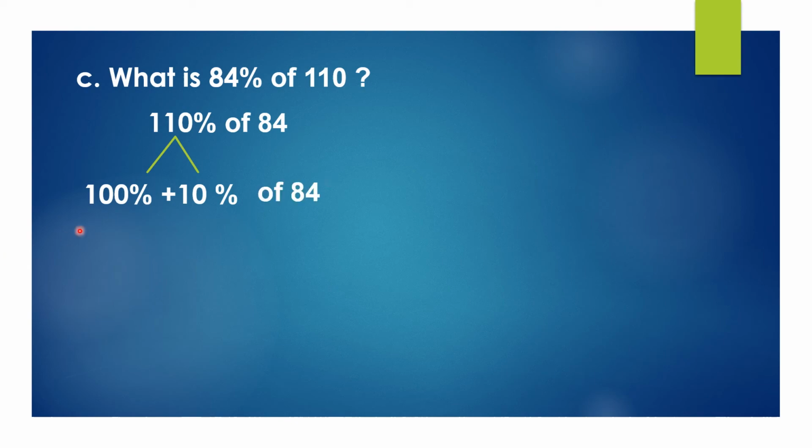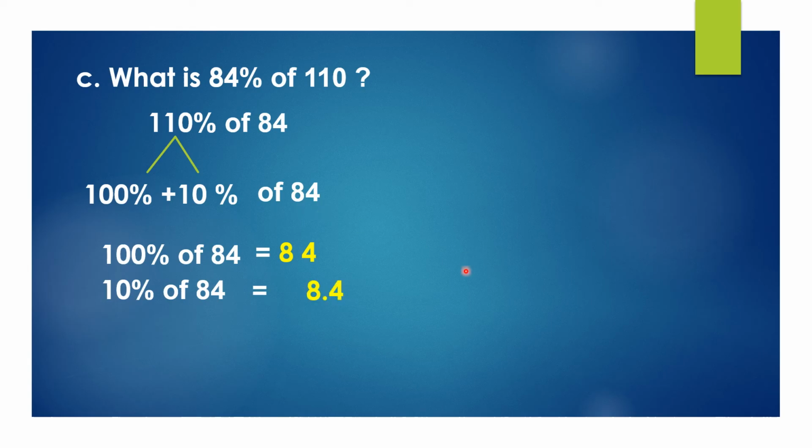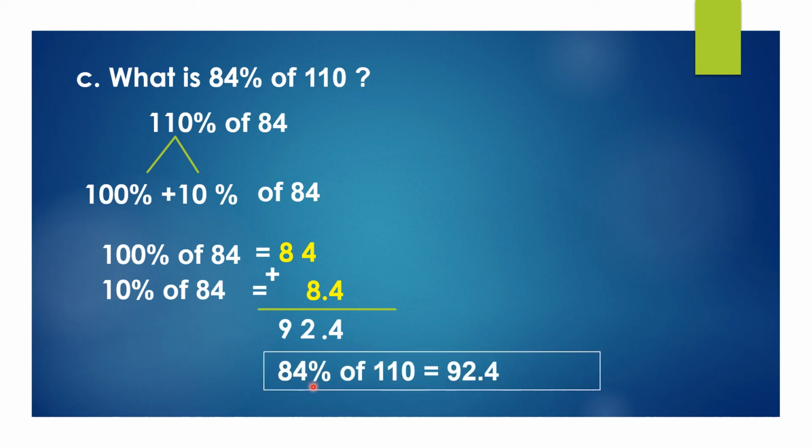Now 100% of 84 and 10% of 84 will be very easy. 100% of 84 means complete whole, so it will be 84 itself, and for 10% of 84 we just keep a decimal one place from the right, so it will be 8.4. So add both. It will be 4 here, and 8 plus 4 is 12, 1 carry over 9. So 84% of 110 is 92.4. So easy, right? By using the splitting method, we can find the percentages.